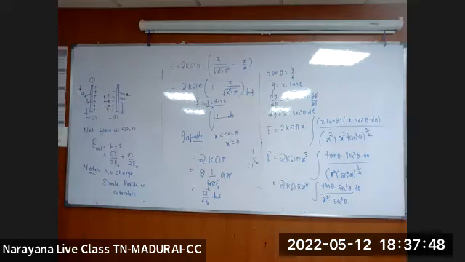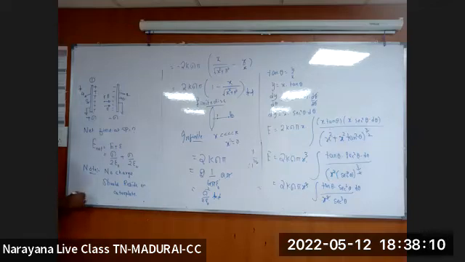What is the reason? If grounded, it is 0 and 0; if you don't ground, compulsorily due to self adjustment, equal charges will be there, equal in sign. Clear? Yes, sir.